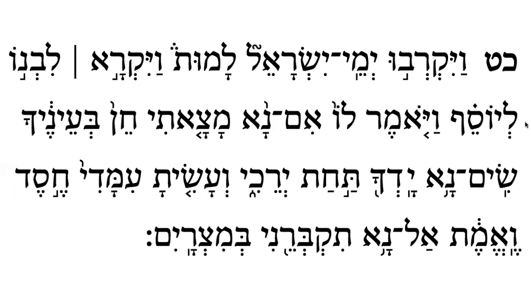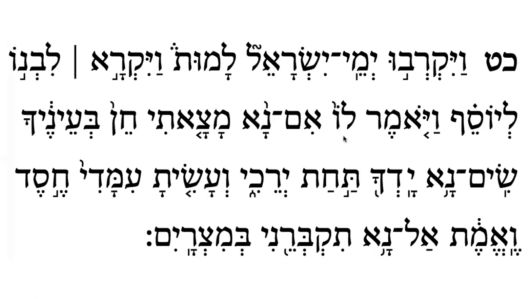Now let's read the whole verse. Vayikrevu yemei Yisrael, so the days of Israel were approaching lamut, to die. The days for Israel to die were approaching. Vayikra livno leYosef, and he called to his son Joseph.